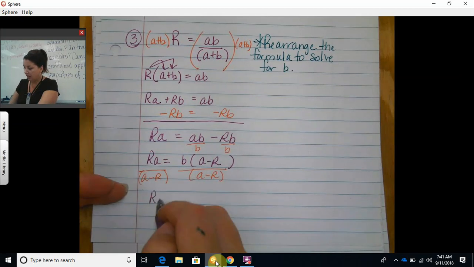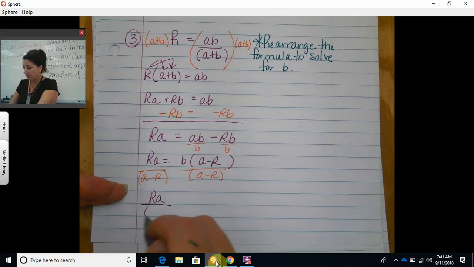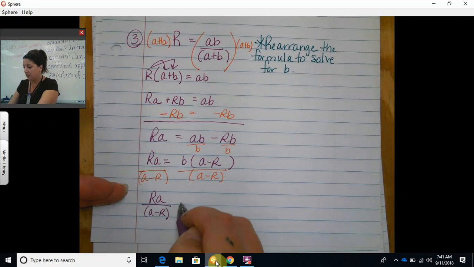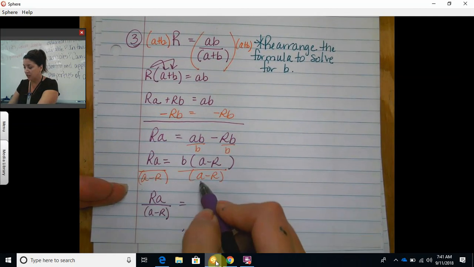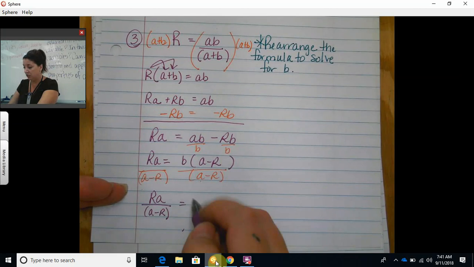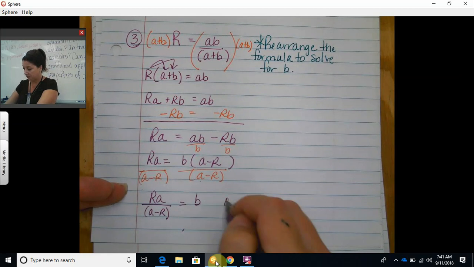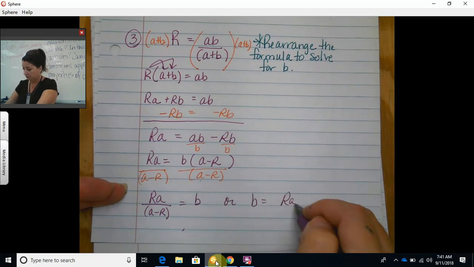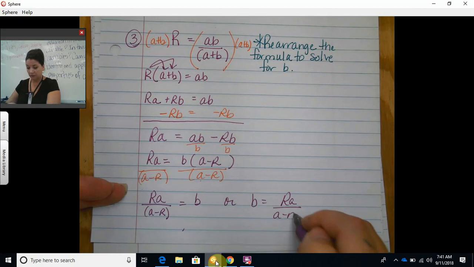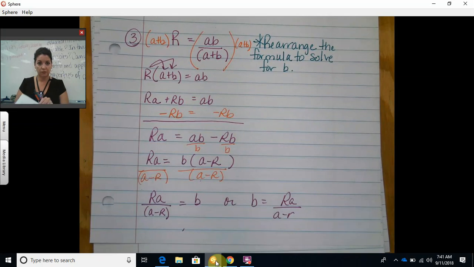So you're left with RA divided by the quantity of A minus R equals A minus R divided by A minus R is 1. 1 times B is just B. Everybody cool with that? You may have questions?